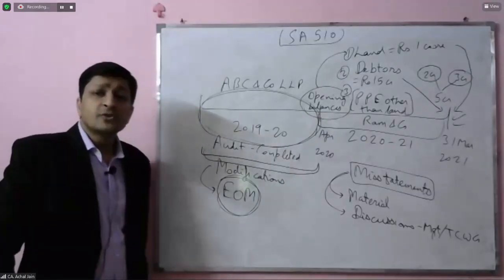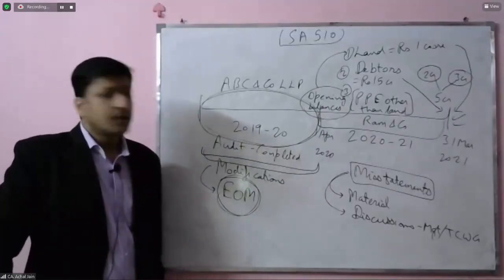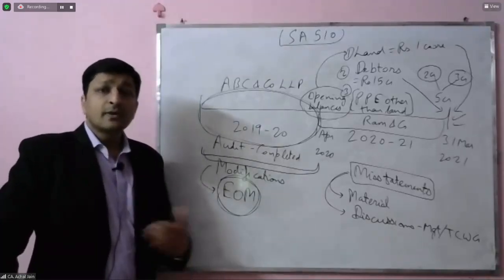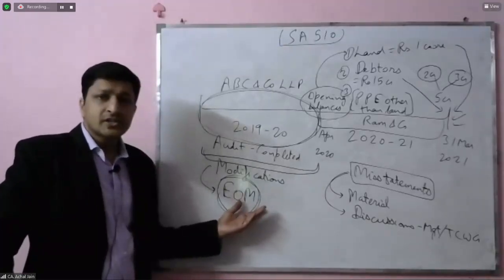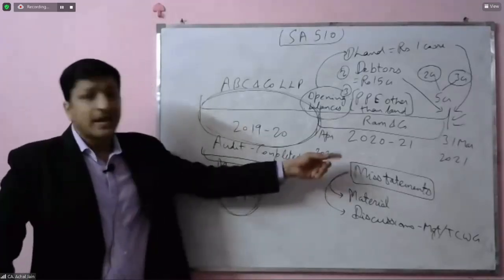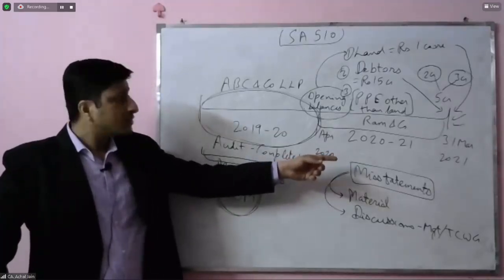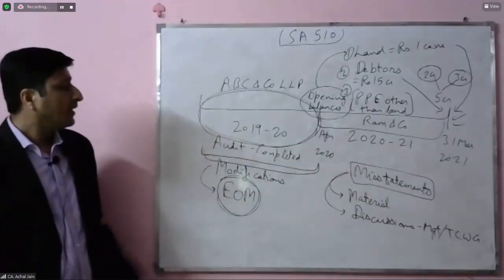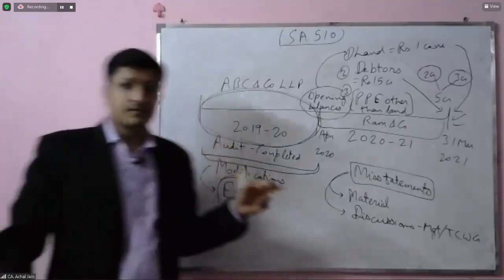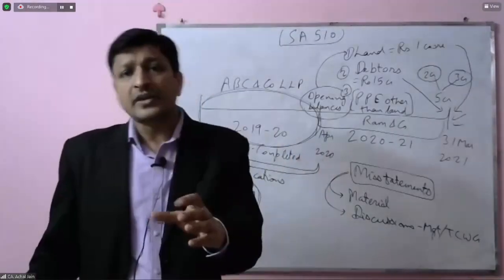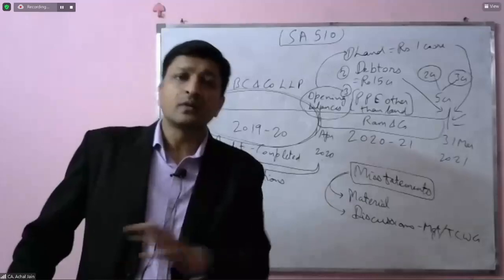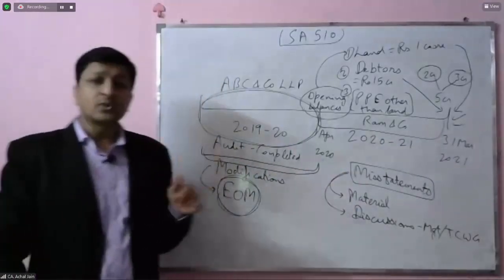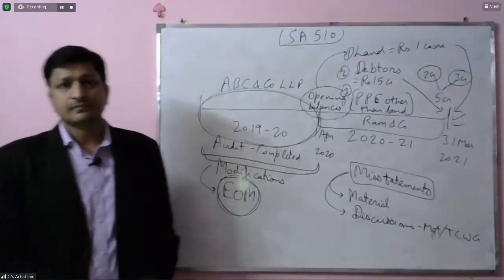The comparatives should also not be misstated, because if the comparatives would be misstated, then those may also lead to modifications in the auditor's report by the new auditor. So that means it's not only the current financial year which the auditor needs to take care of, he also needs to look at the comparatives, which will be forming part of the financial statements, and those comparatives cannot be ignored by the new auditor, and the management will have to consider all of these situations.